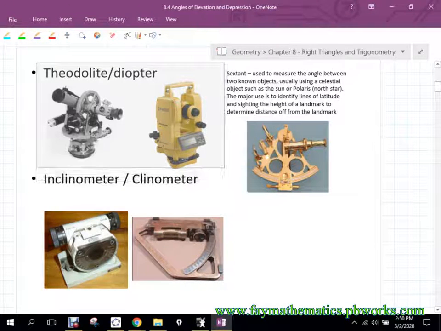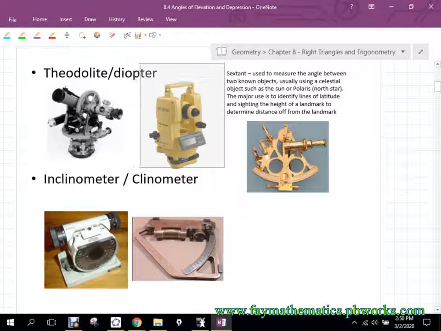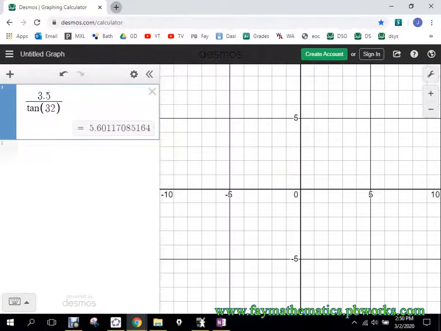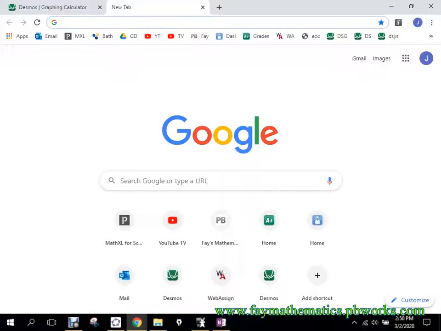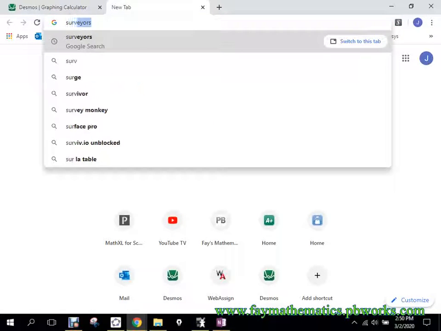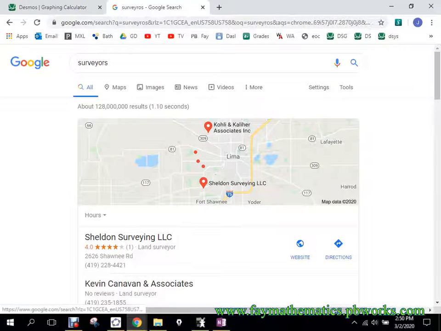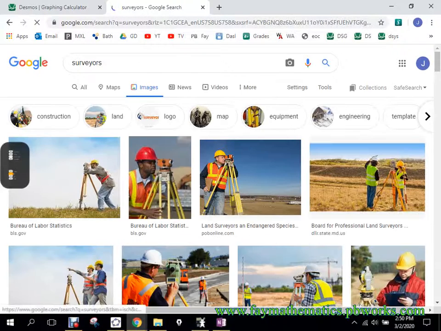And you guys have seen people using these before, predominantly probably that one. And you've probably seen them, surveyors. You guys ever seen people out on the side of the road using those things?